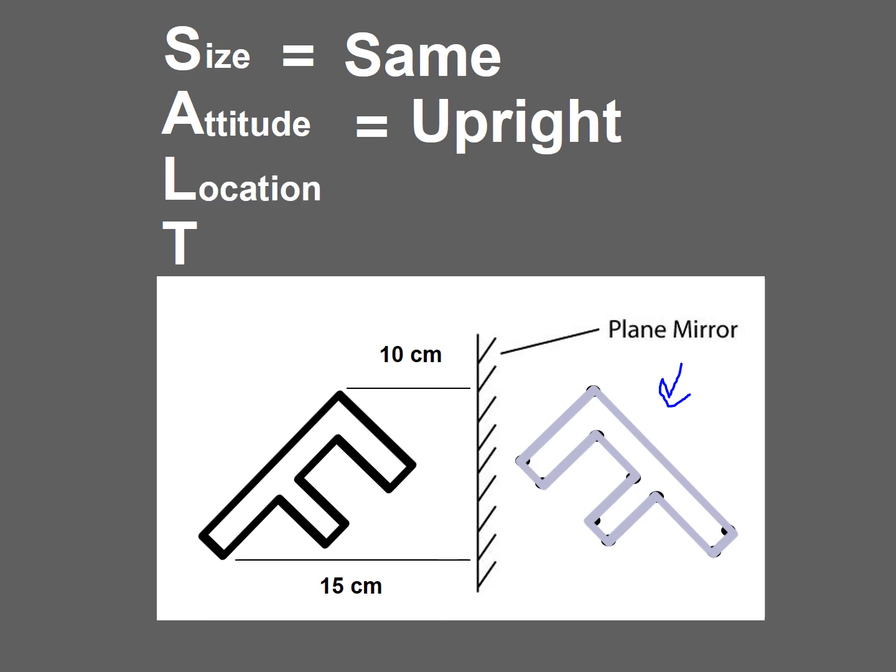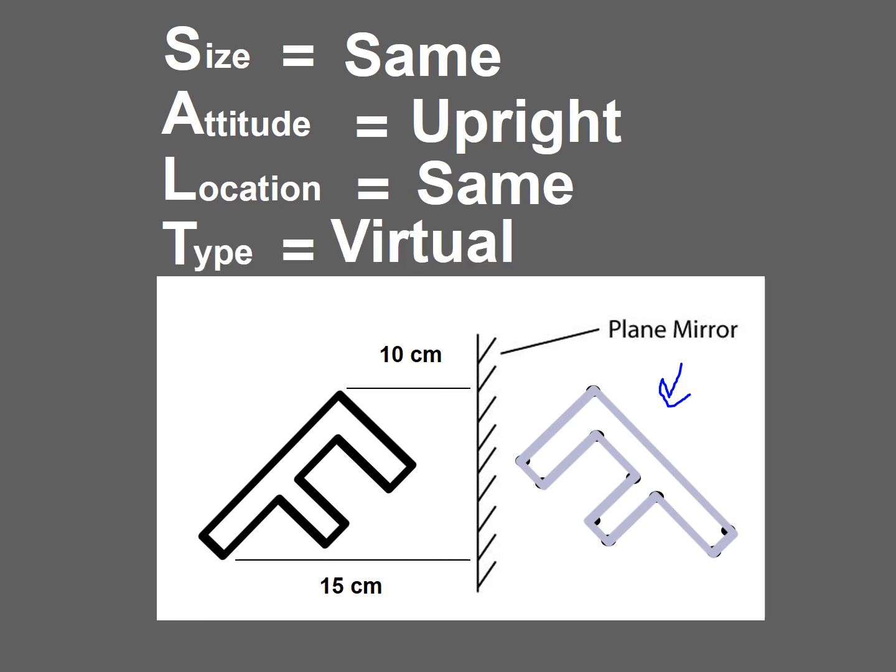L for location. You do your measurements, and you'll notice that the F in the plane mirror and in the real universe are exactly the same. So our location is the same. All of our dots were the same distance apart. And lastly, type is a virtual image. So we have an image forming within this universe here, an imaginary image, if you will.